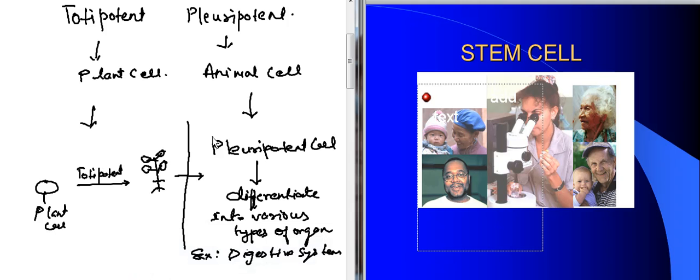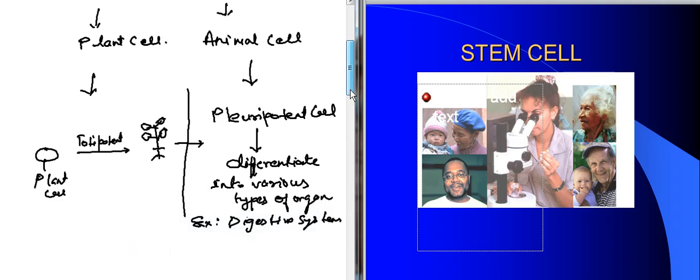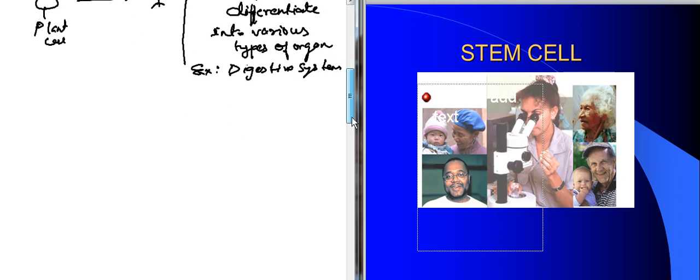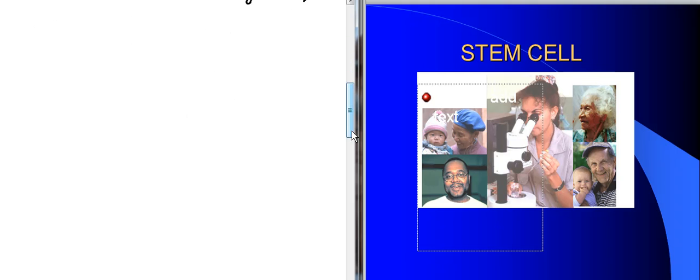So now, before starting on the pluripotent nature of the cell, we should know how these cells are found. Okay, so we will go to the fertilization stage.